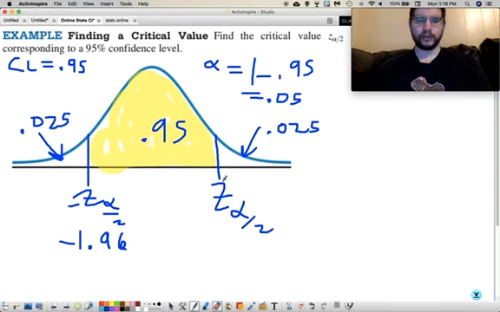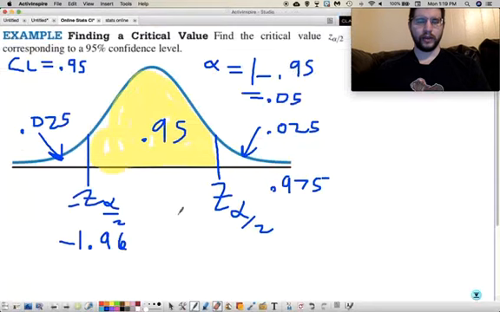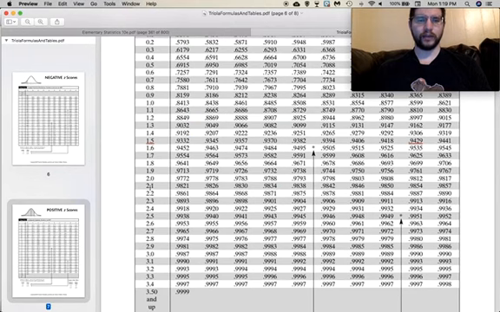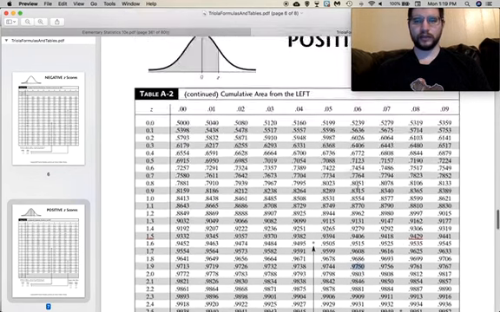To find this one, and to show that it's the same value, we have to get the total area to the left of this z-score right here. This is 0.95, this is 0.025, so we're going to look up 0.975. So we can get all the area to the left of this z-score. That's going to be positive, and it should be 1.96. Let's find out. 1.96 right there.